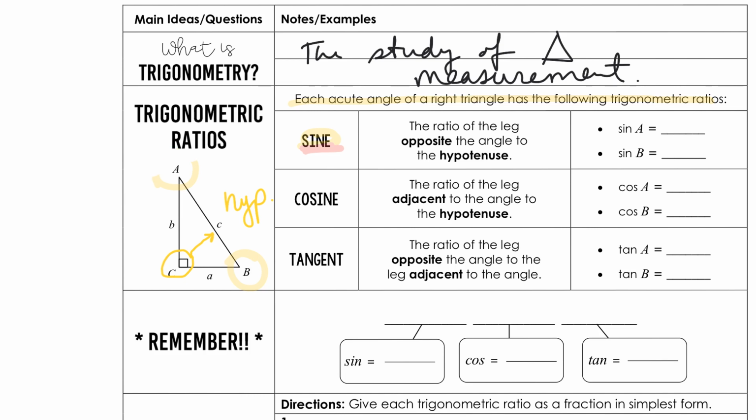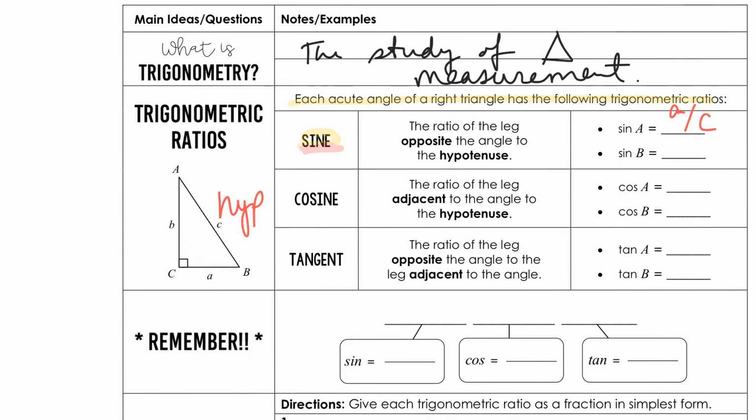So if we are looking at our drawing here, we know that this is always the hypotenuse. In reference to angle A, side CB is opposite and side AC is adjacent. So if we want to write the ratio here, sine A would be A over C. Now for sine B, we have to change our viewpoint.